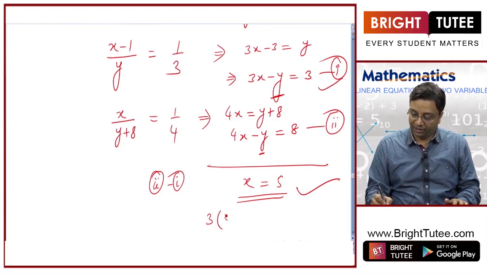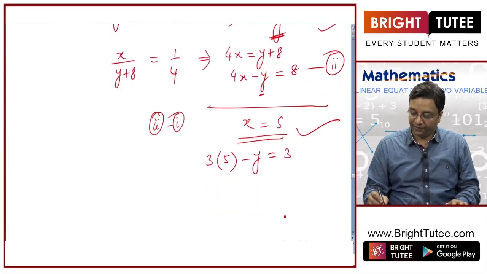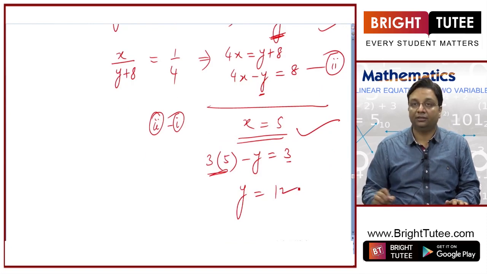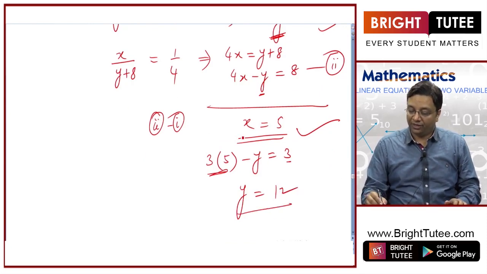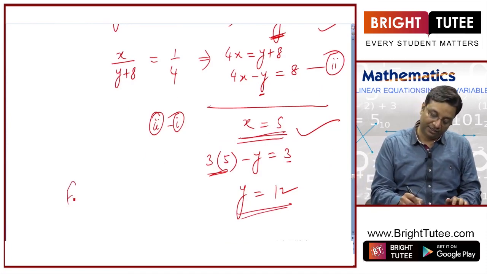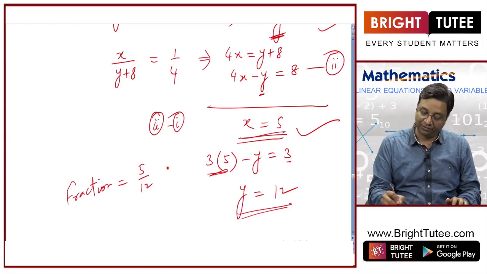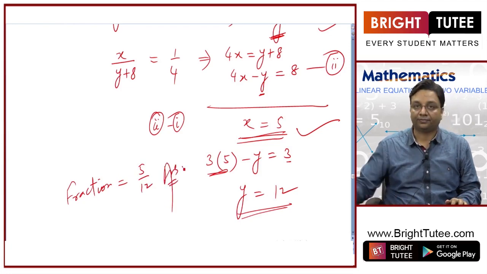So 3 into 5 minus y is equal to 3. So y is equal to 15 minus 3, that is 12. Right? So I've got value of x, value of y. So the fraction is equal to 5 by 12. Alright?